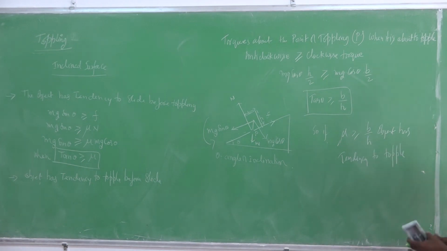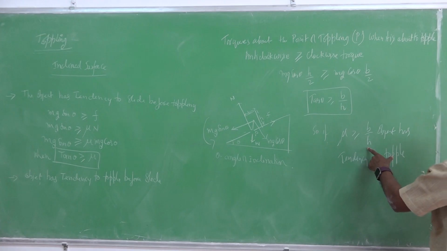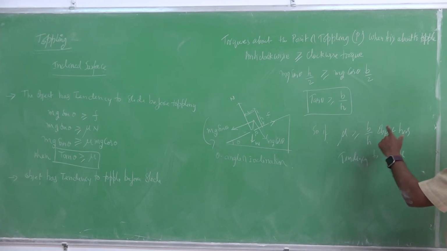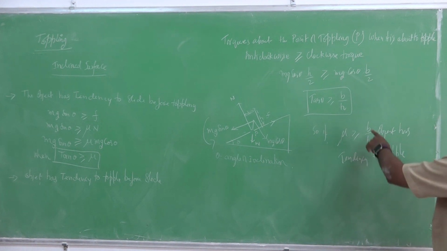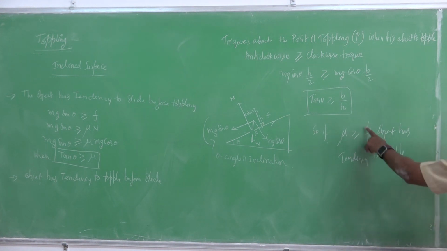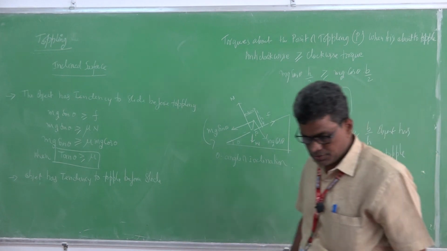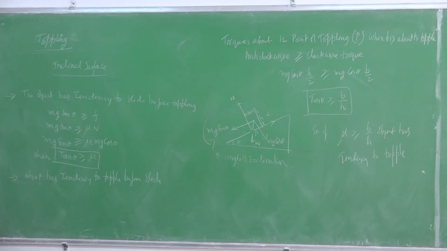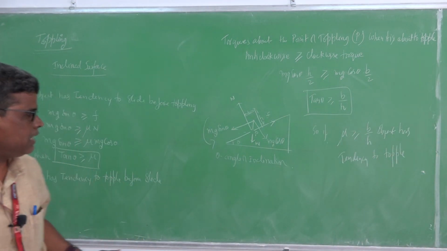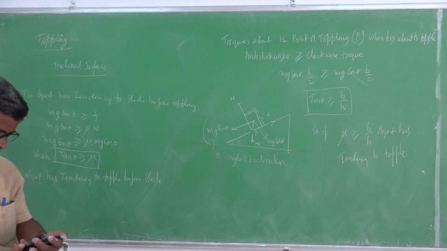If h is more, mu should be less. So if b is more and h is less, then the object has a tendency to topple.